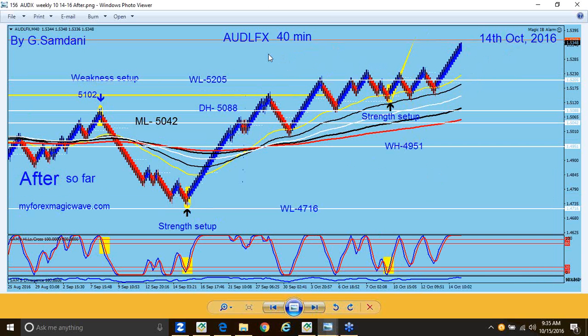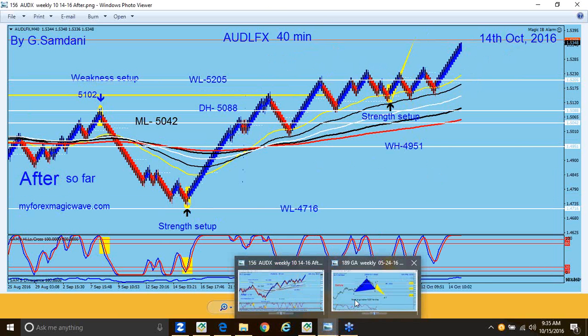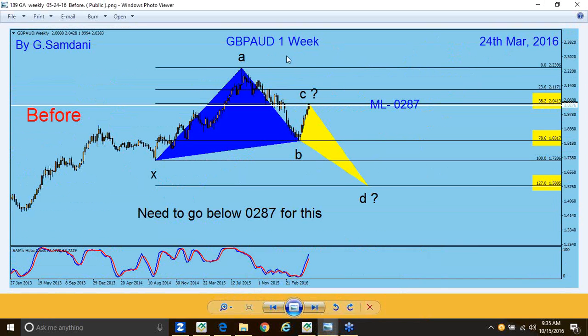So this is how it is, and let me show you one more thing. Pound Aussie, for example, what really happened to pound Aussie all these months. This is my chart, the 24th March. I made this chart that we have to go from here to here. This is a butterfly pattern, but I didn't write butterfly here, because the conventional way to play those harmonic patterns is once they finish.